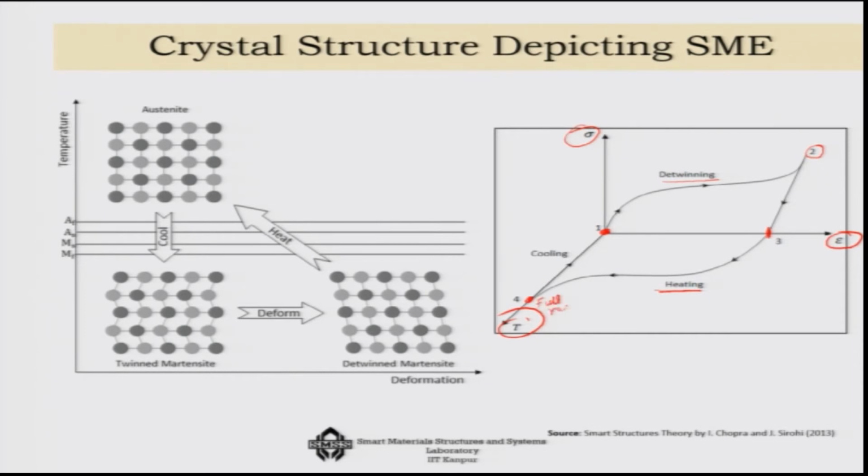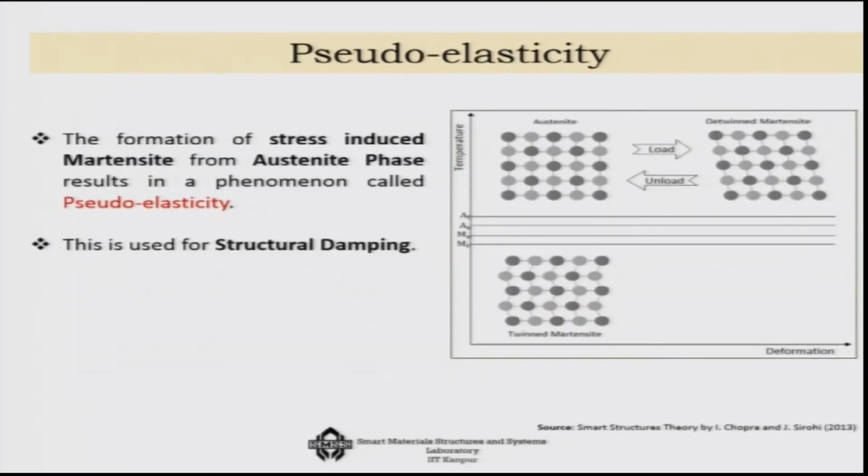And then if I cool it, what will happen? It will go back to its Martensite state, that is, the twined Martensite state here, and that would not mean there will be any more change of strain. Strain is 0, okay, but only that it will get converted from the austenite to the twined Martensite phase. So, that is the whole diagram we have to keep in our mind.